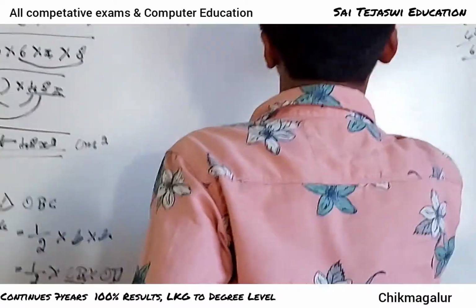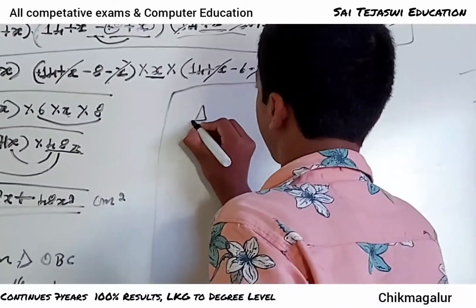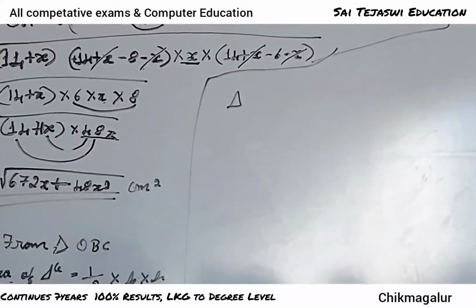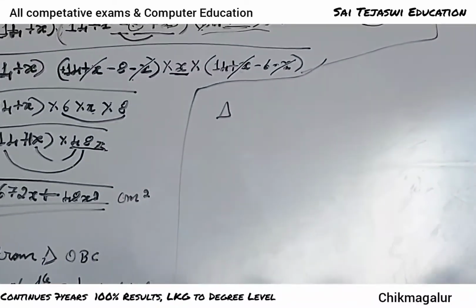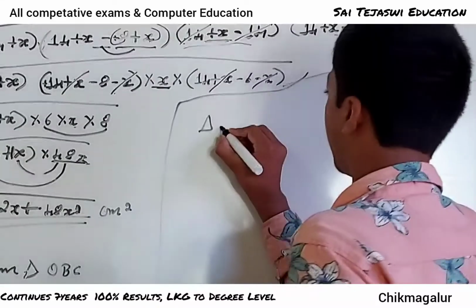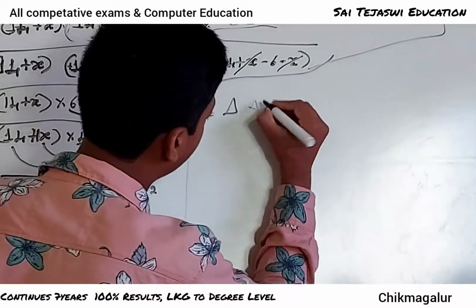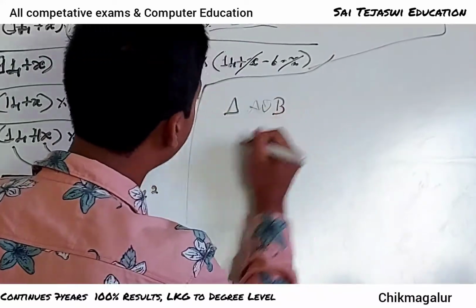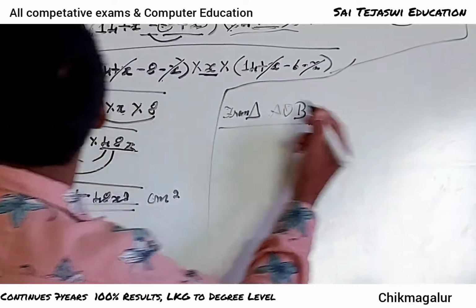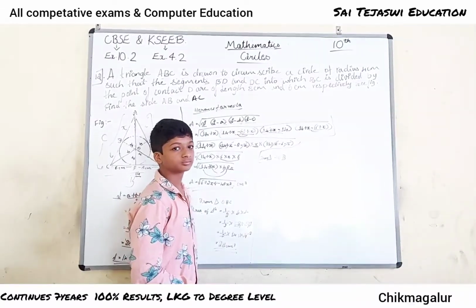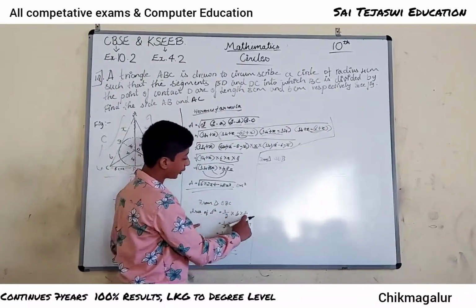This is the area of first triangle. Now we will take for the second triangle. So now we consider this triangle, which is A, O and B. From triangle AOB, again the area of triangle equals to half into base into height.